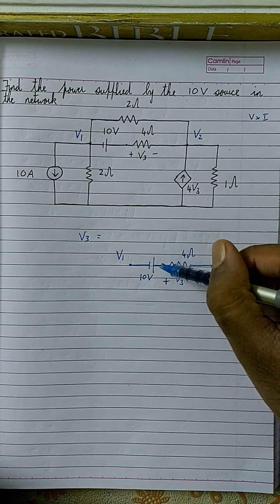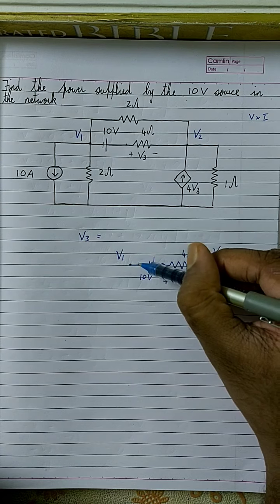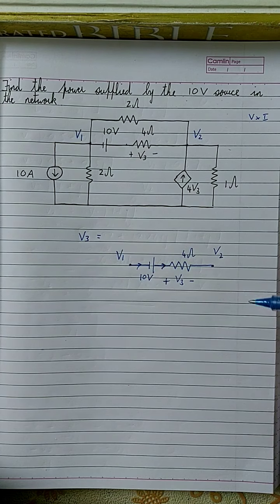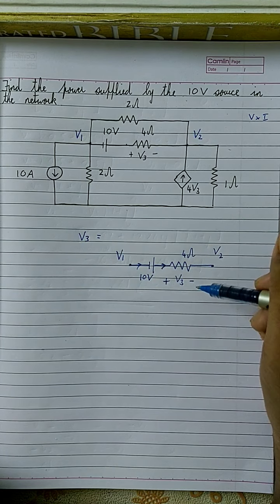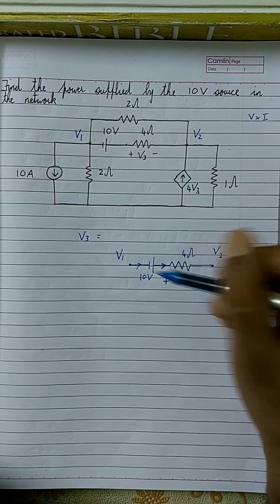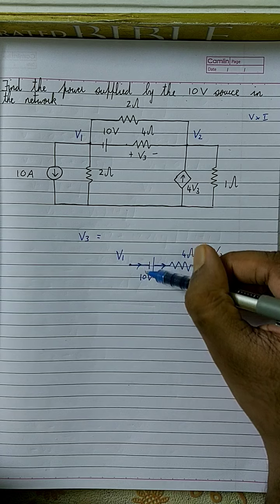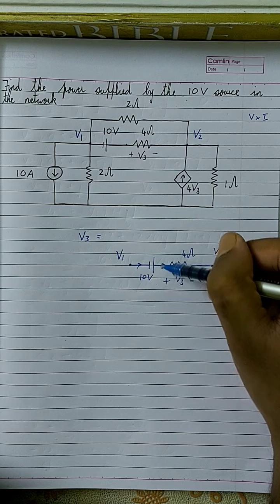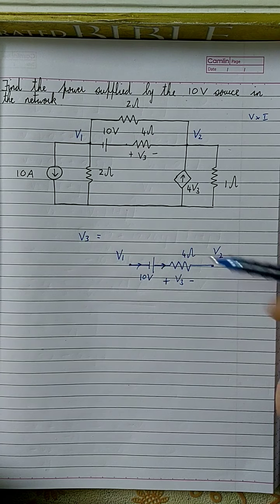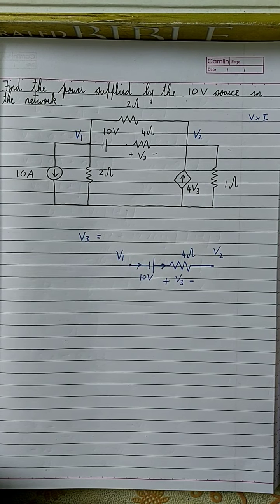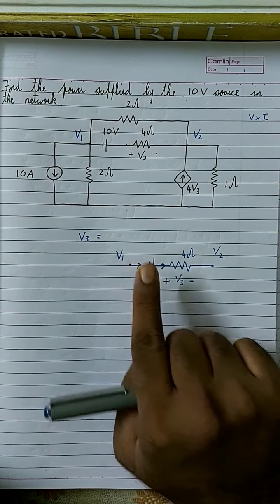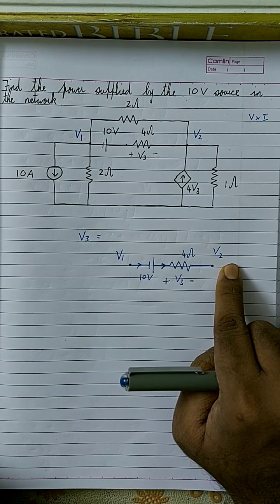Which means, because the current always flows in this direction, it is leaving the positive terminal and coming back into the negative terminal. So this battery over here is actually generating current, or supporting the flow of current, therefore it is plus 10. That is what you need to understand. So this is plus V1, this is plus 10, and this is minus V2.